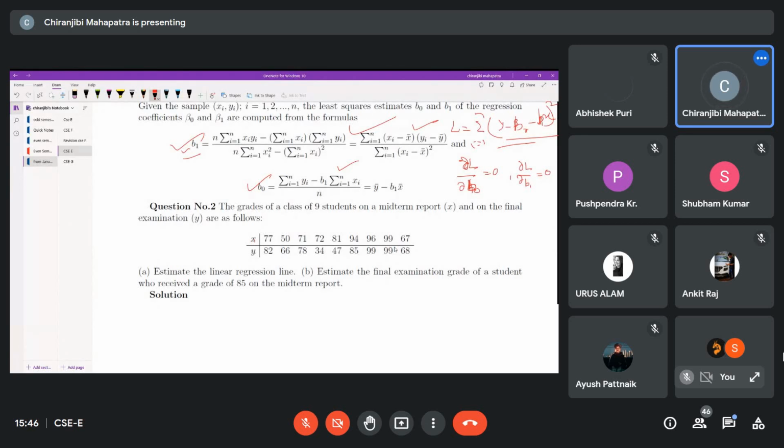Okay, so what you have to do: these are x values and y values, so estimate the linear regression line by using these formulas.